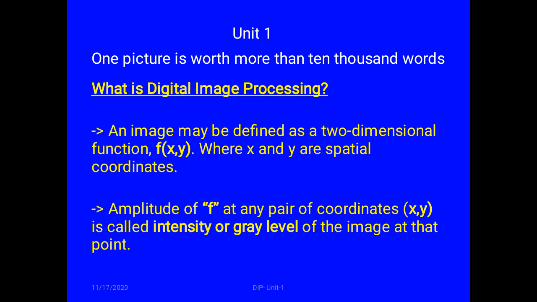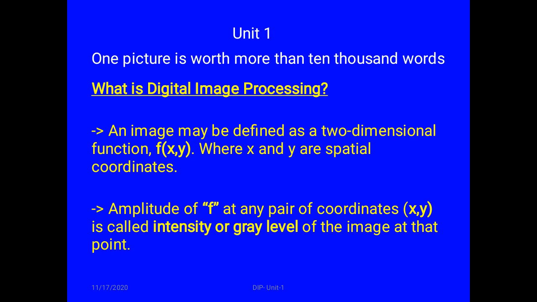In digital image processing, the main theme is the image. One picture is worth more than 10,000 words. What is digital image processing? An image may be defined as a two-dimensional function f(x, y), where x and y are spatial coordinates.